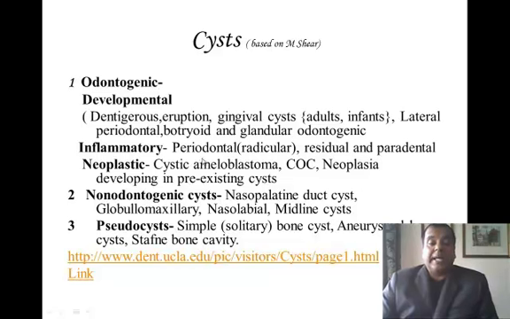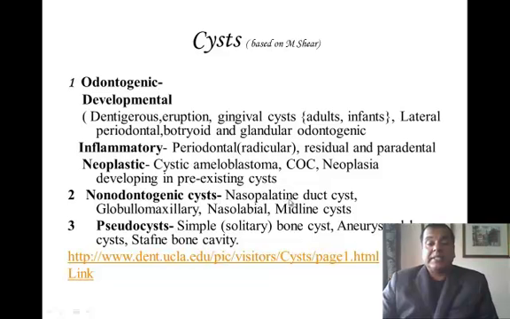Inflammatory cysts, indicating that there's inflammation as to how the cysts have arisen, can be periodontal or radicular cysts, residual or paradental, a residual cyst being one that's been left behind after extraction of the teeth. Neoplastic types include cystic ameloblastoma, calcifying odontogenic cysts, and neoplasia developing in a pre-existing cyst can also occur.